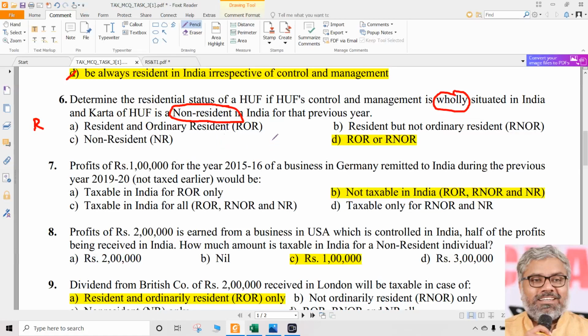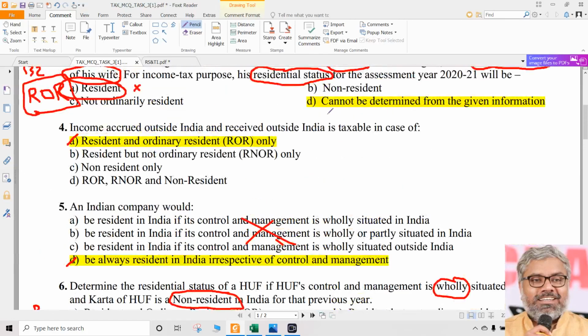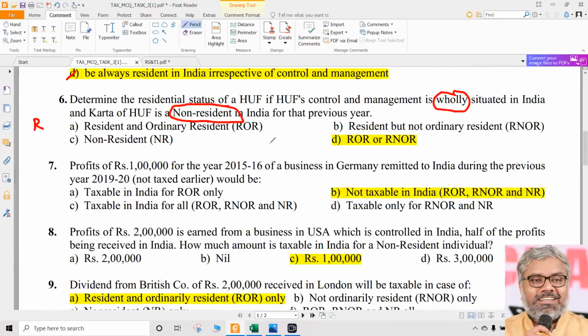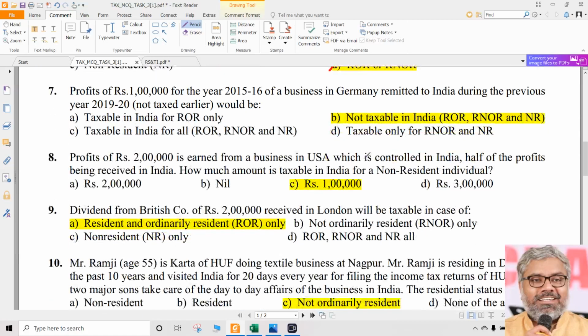So information is not sufficient for determining it, but we can say either it will be ROR or RNOR. One of them definitely, because basically it is resident. There is no other option other than being either ROR or RNOR. So the correct option here also will be D, Delhi.